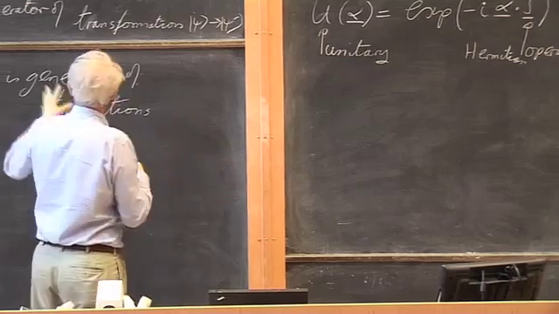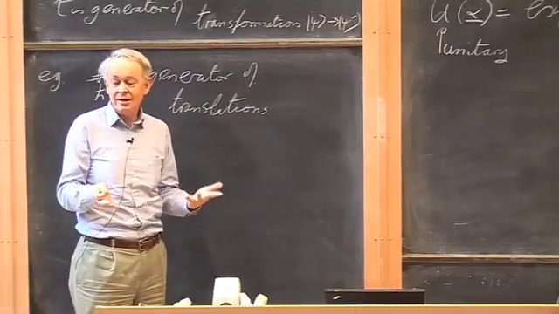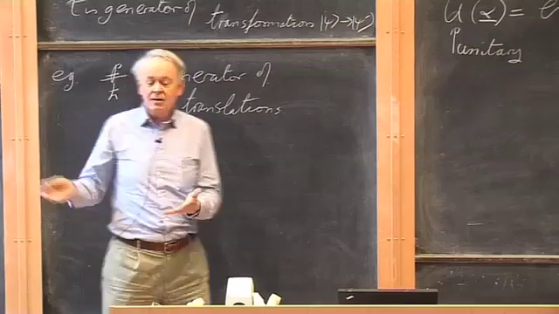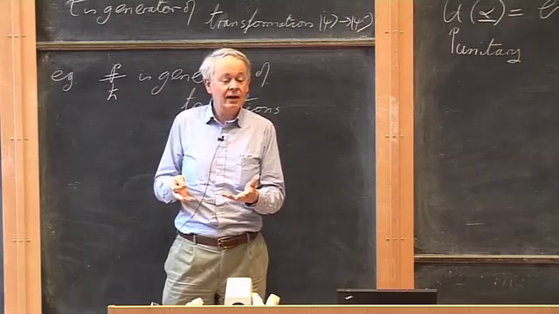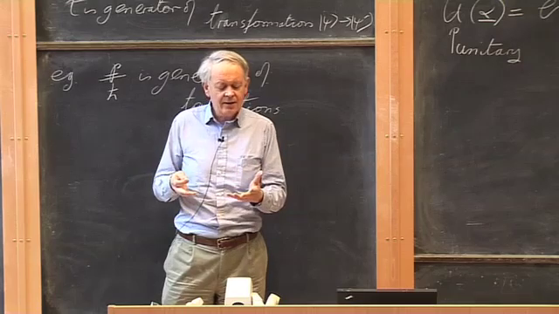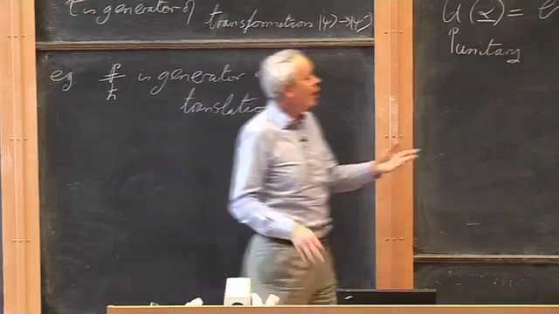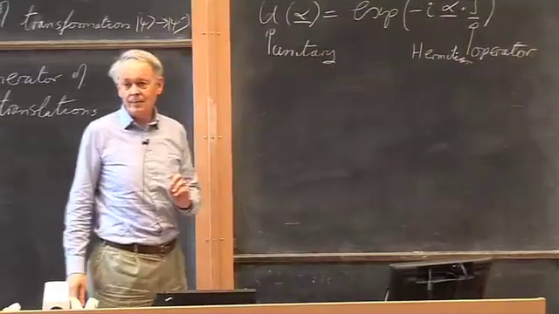The operator associated with translations, which had to exist, it was a logical necessity, we have shown is actually the momentum operator divided by h bar. So I hope it won't come as a great surprise that this operator is going to be the angular momentum operator.